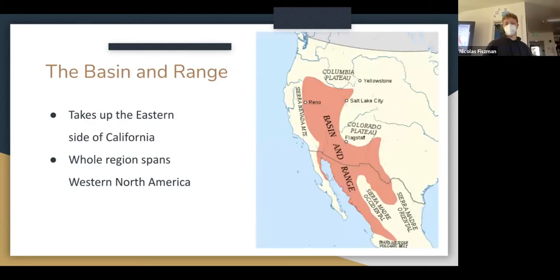Within California, it only takes up a little bit on the eastern side, but as a region in general, it spans all the way from southern Oregon and those states there, all the way down to Mexico, and it shapes that whole region.